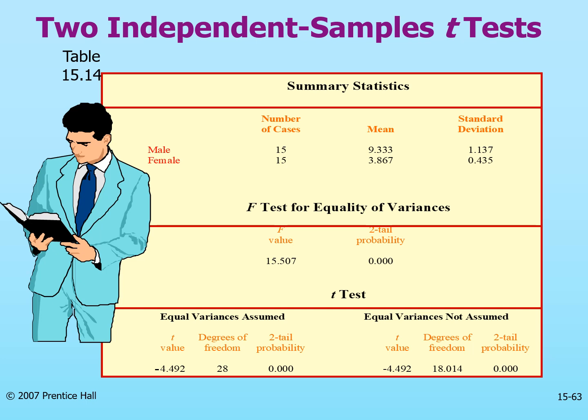Men are 15, females are 15. The summary statistics say the mean for men is 9.33 and for women is 3.87; the standard deviation is also given. So the F value comes to 15.507, and its probability is the p value.